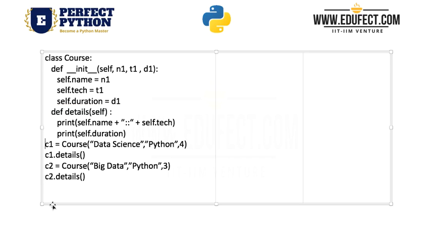Here we are declaring c1 equal to Course data science Python 4. So c1 is an object of type Course and it will have data science, Python and 4. Data science will correspond to name, Python will correspond to tech, and 4 will correspond to duration.